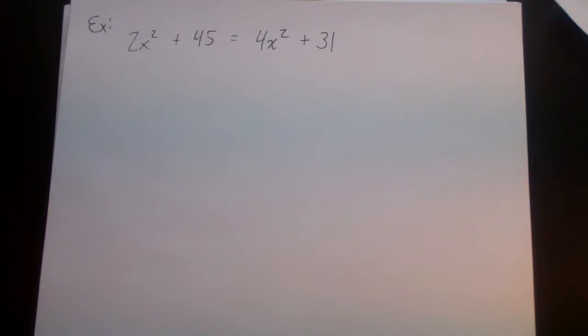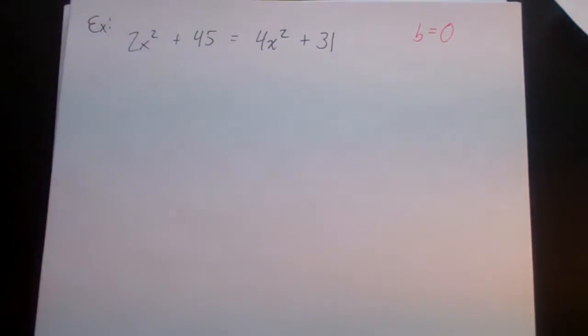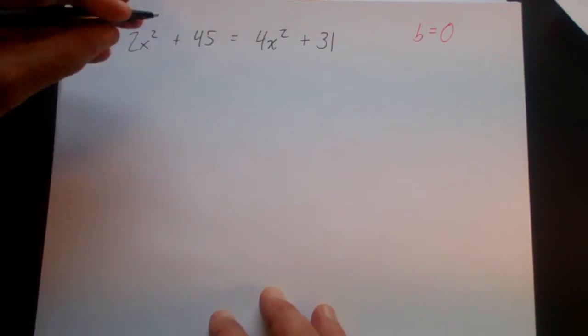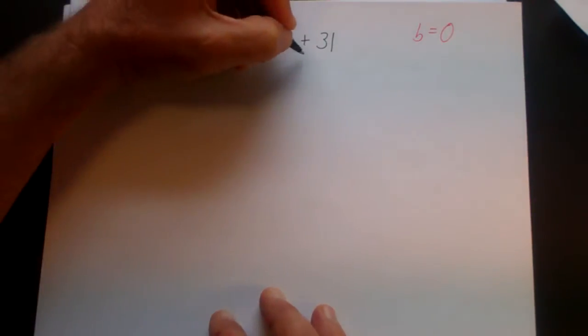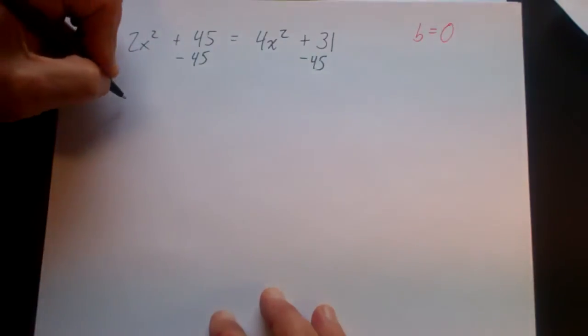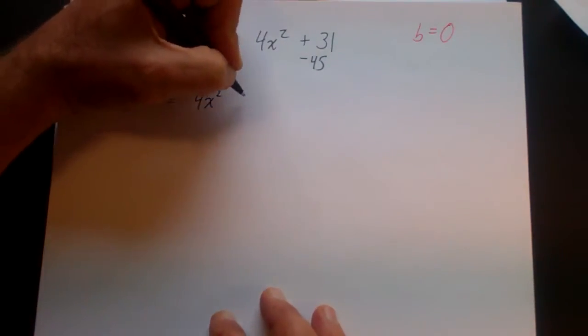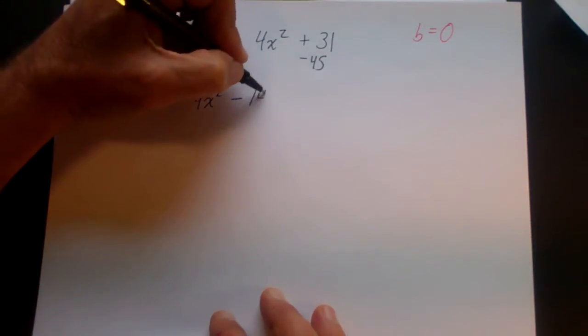Again, the reason this is easy is because b is equal to 0, or another way to say that is because there's an x squared term but no x term. So I'm going to get the x squareds on one side and the numbers on the other. The first thing I'm going to do is subtract 45, and then I get 2x squared is equal to 4x squared plus 31 minus 45, which is minus 14.